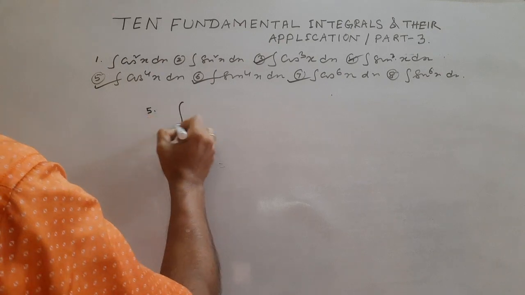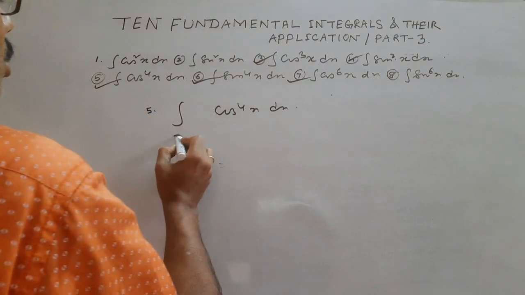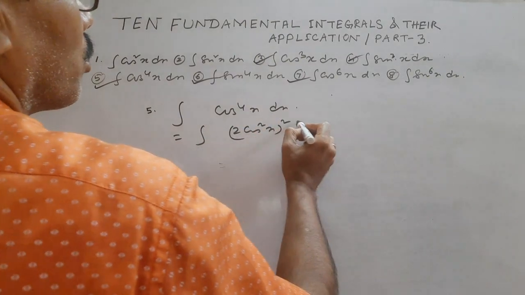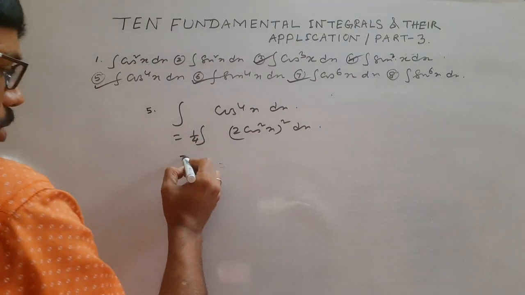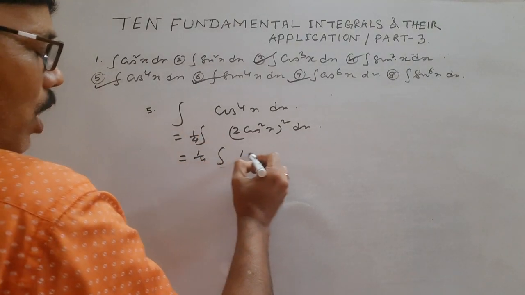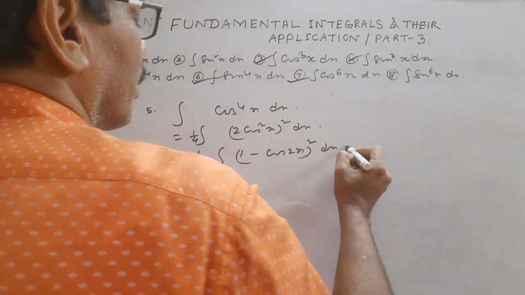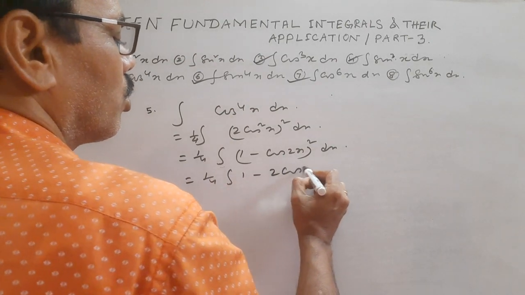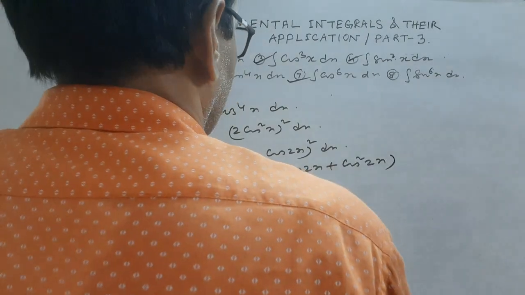5 suppose. Cos to the power 4 x dx, not standard. So 2 cos square x, we know the formula. So it must be balanced by 1 by 4. Now (1 plus cos 2x) whole square. So 1 by 4, 1 plus 2 cos 2x plus cos square 2x.